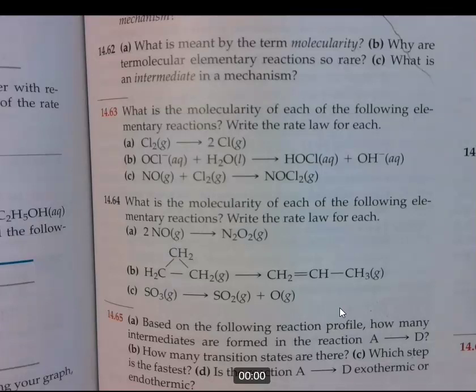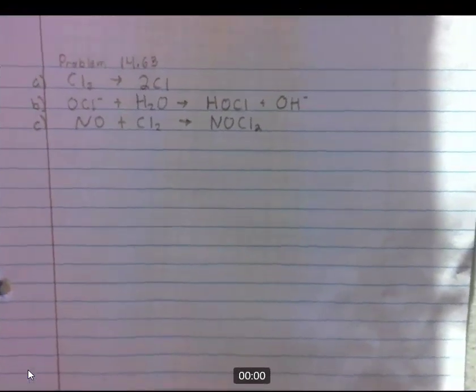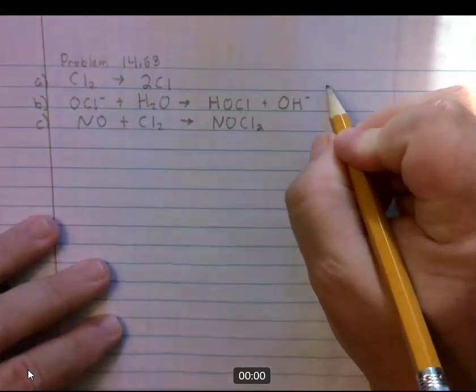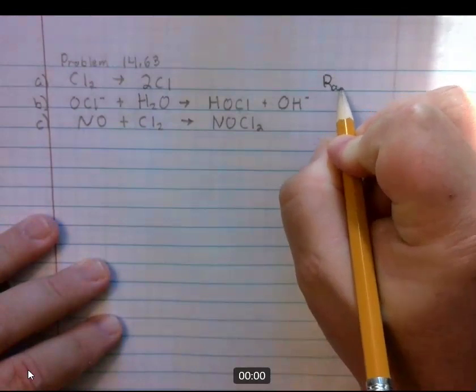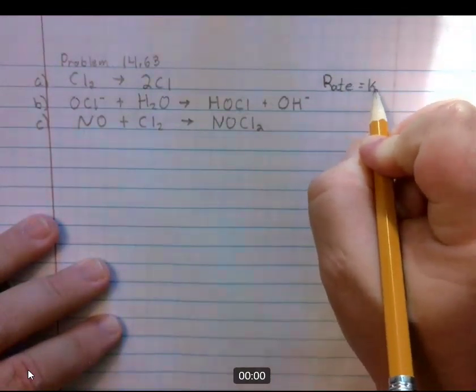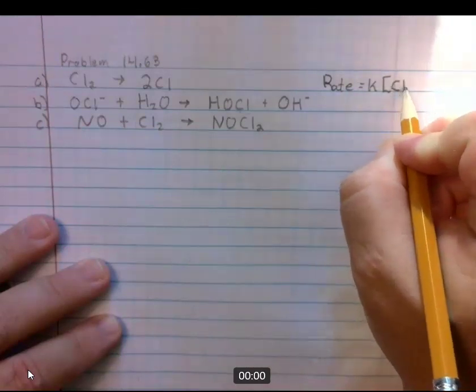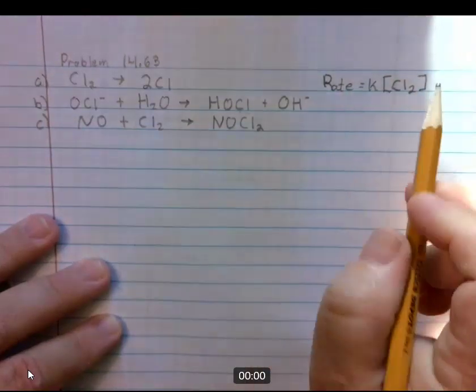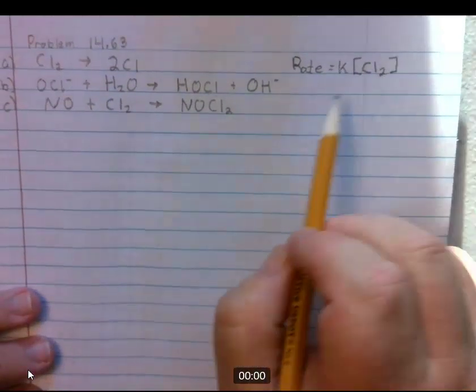Now it asks to write the rate law for each. So let's go ahead and do that. All right, so here are the three reactions. The question does state that they are elementary reactions, and what that means is that you can use the coefficients of the reactants as exponents in the rate law. So it asks to write the rate law, so we'll go ahead, this one, we'll do it. And of course that's raised to the first power, although we don't write a 1 necessarily.